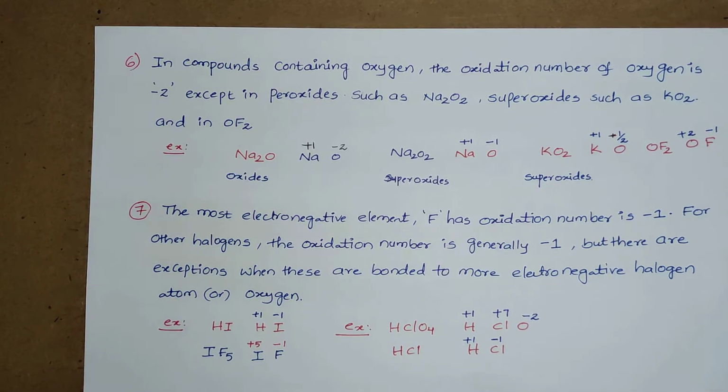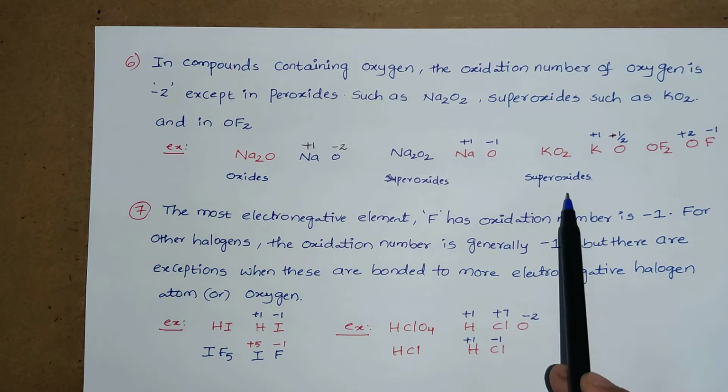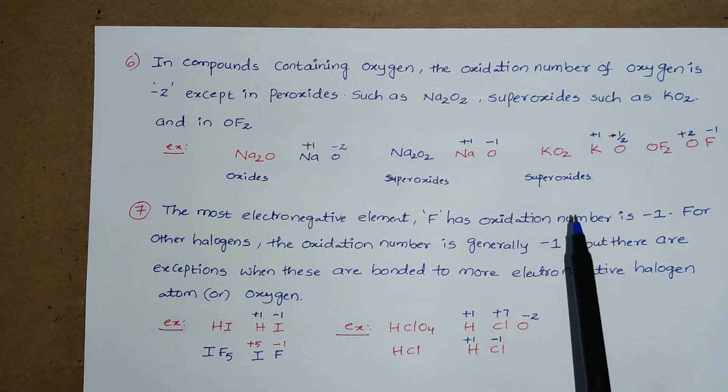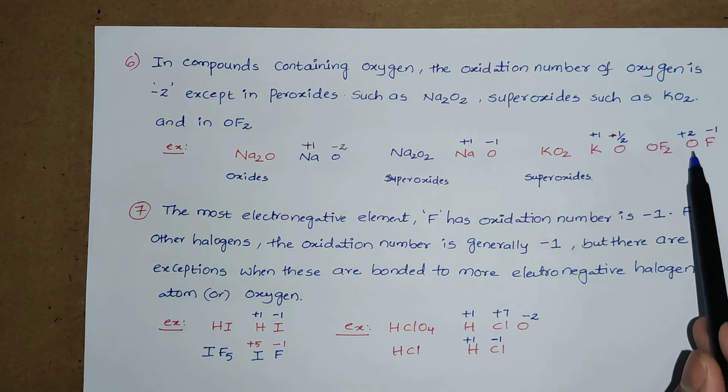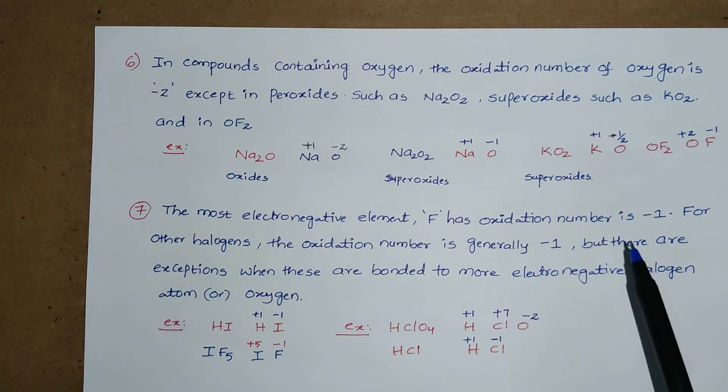Normally, the oxidation state is -2 except in peroxides, superoxides and OF2. In peroxides, it shows -1 oxidation state. In superoxides, -1/2 is the oxidation state. In OF2, the oxidation state of oxygen is +2.